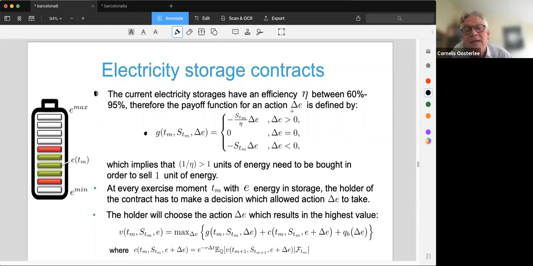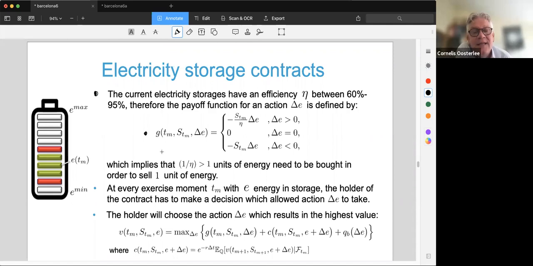When we buy electricity, we take that efficiency into account, so then we have something like minus S divided by eta times delta E. When we do nothing, of course, there is no change, there's no payoff. And when we release storage and we sell, then we have minus S_tm times delta E. Delta E is negative, so that is a positive revenue, and the other is a payment to be made.